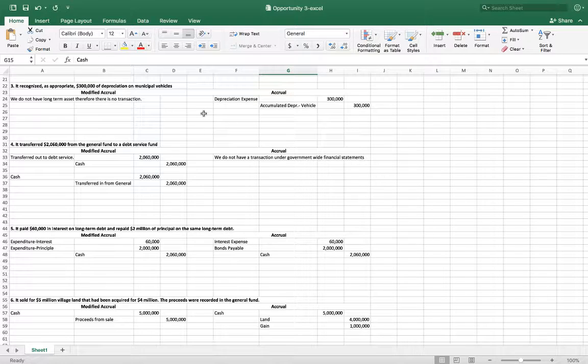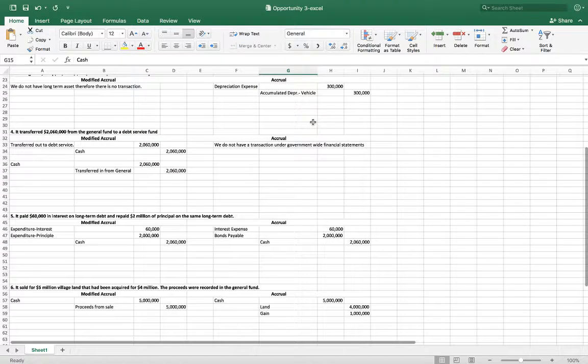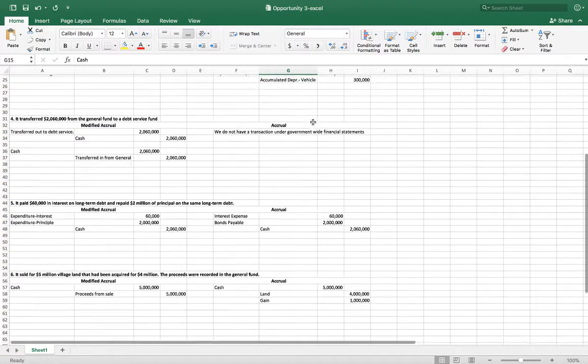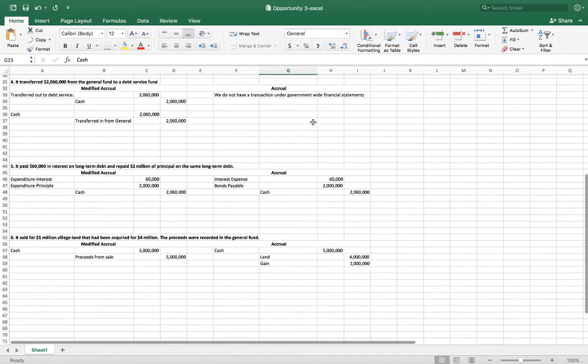And then moving over to the accrual method, we're going to have a depreciation expense of $300,000, and then we're going to have a credit of accumulated depreciation for the $300,000. So we're just simply moving the depreciation expense down into the accumulated depreciation, where we have the other amounts that are depreciated already.